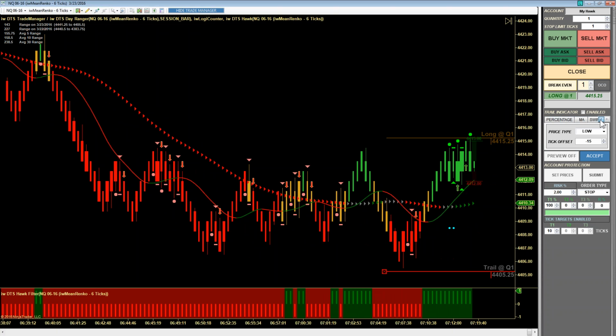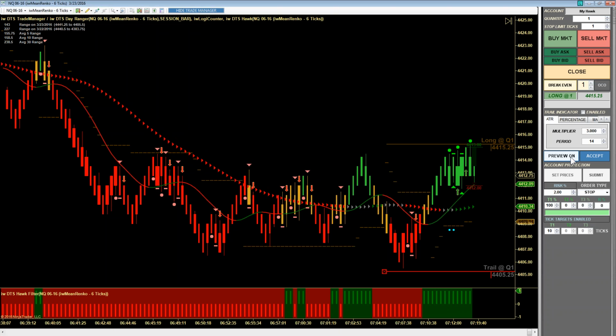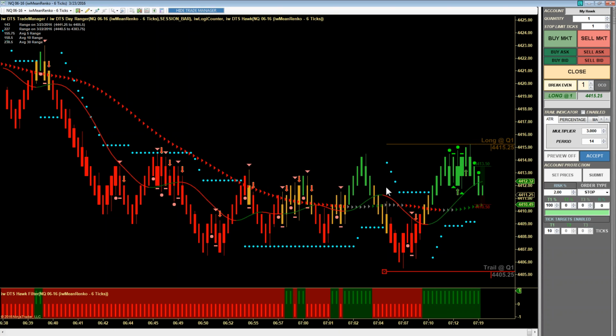All right, maybe I'll go with the parabolic, or not the parabolic, but the ATR strategy. We'll dial it back a little bit. Yeah, I don't want to engage it just yet. If we are in a sideways range, again, I want to see the market get outside of this range before I get too aggressive with my stop.